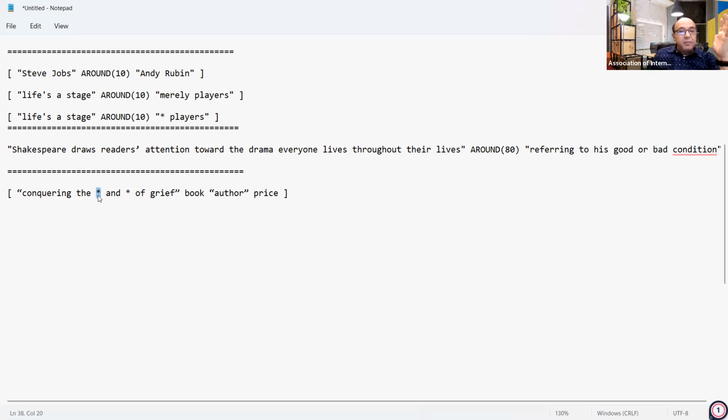At the same time, the asterisk is also calculating what is preceding it as a number of words or sequence of words, and what is coming after, so that it is making that relationship. And it is not only looking at "and", but it is skipping and looking at "of", "grief", and whatever is held inside of the quotation.